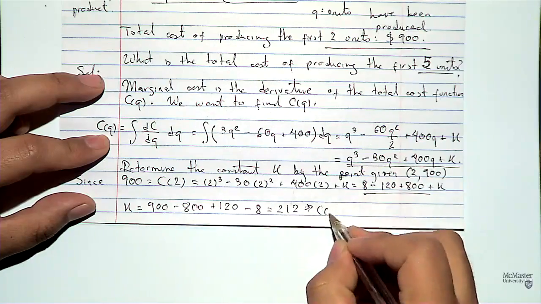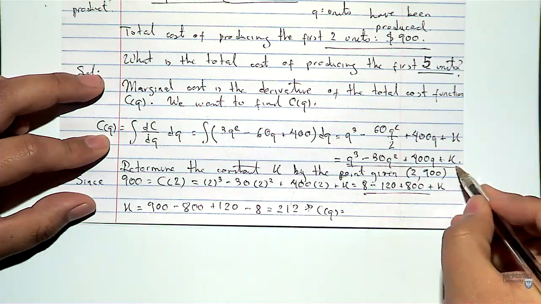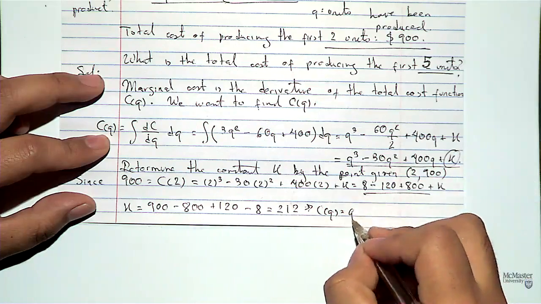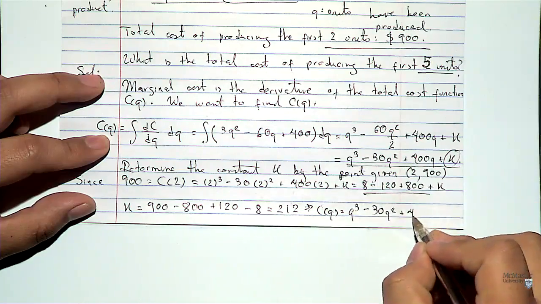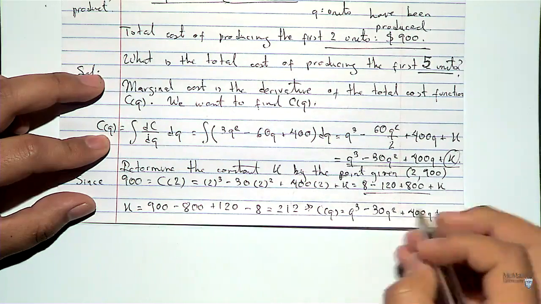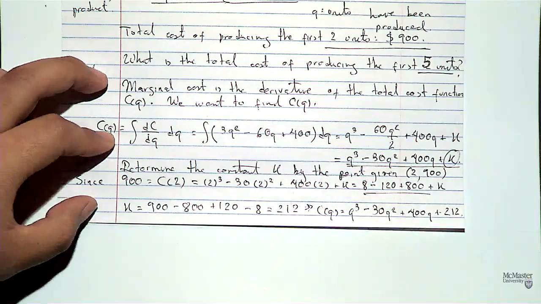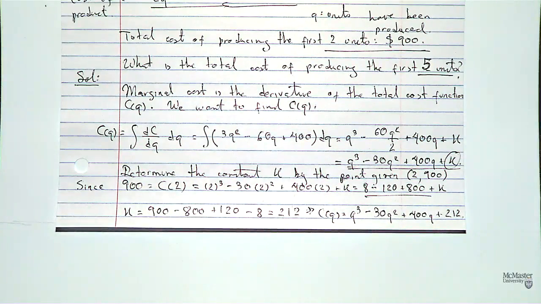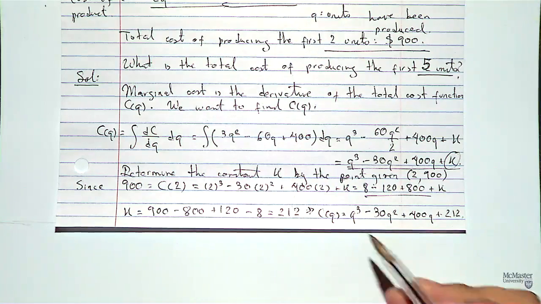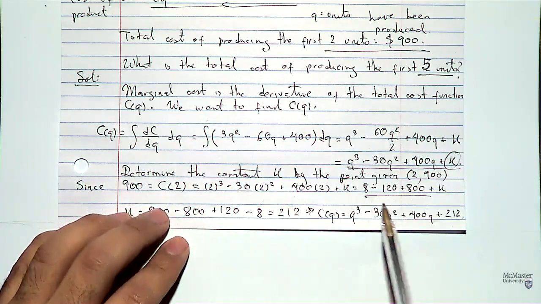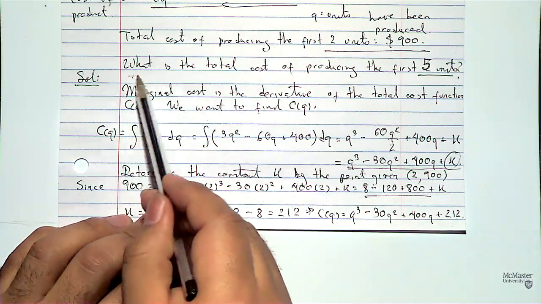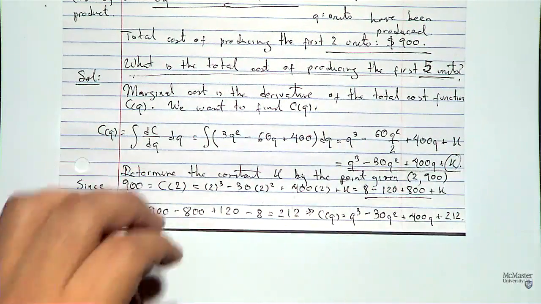And that would mean that the function that you would have is basically just plugging in the value of k that you have here. So q cubed minus 30q squared plus 400q plus 212. So at that point, we have the general function. It's only the matter of evaluating in order to get the final answer, which is what is the total cost of producing the first 5 units.